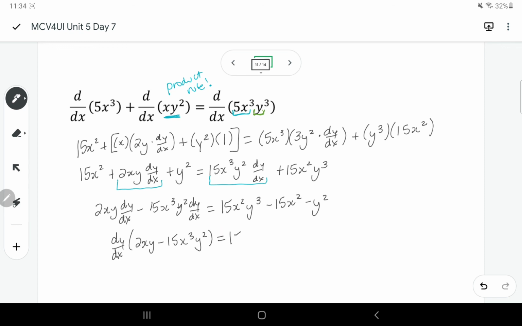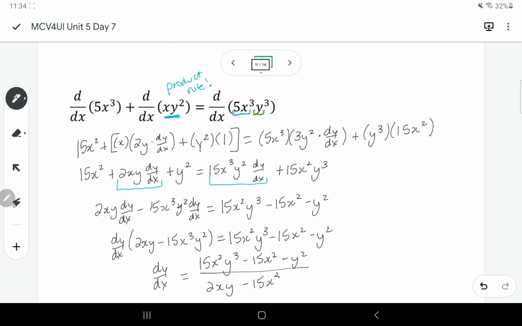And then we'll divide out that bracket. So dy dx, the simplification and solving for dy dx is very similar every time. So 15x squared y cubed minus 15x squared minus y squared over 2xy minus 15x cubed y squared.